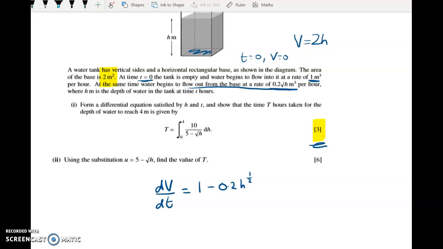And then we're asked to form a differential equation satisfied by h and t, and to show that the time taken for the depth of the water, which is h, to reach 4 meters is given by this thing here. In other words, what we need to work with is dH by dt. So this is how I thought about it.